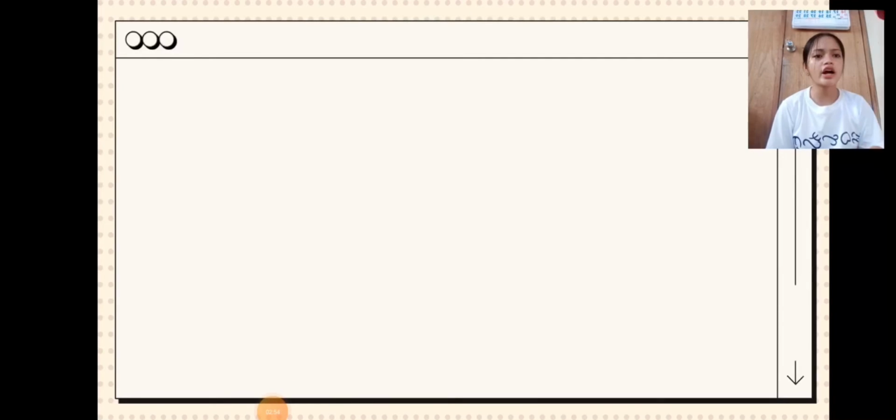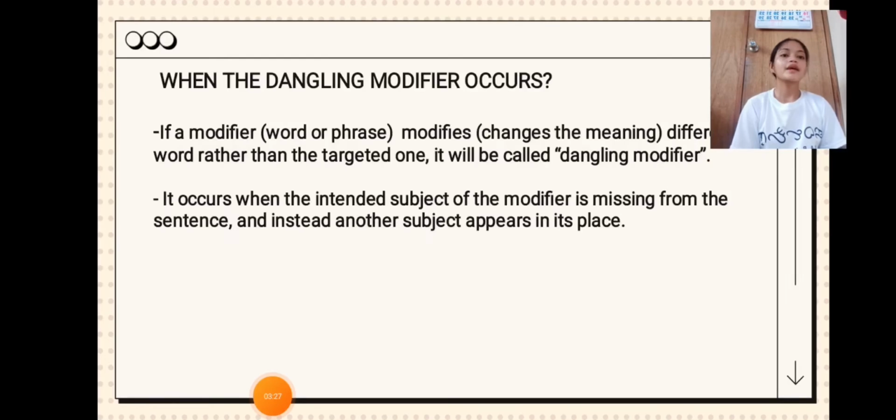For now, how can we say if that is an incomplete sentence or a dangling modifier? The question is, when does a dangling modifier occur? A dangling modifier occurs if a modifier, or a word or phrase, modifies or changes the meaning of a different word rather than the targeted one.